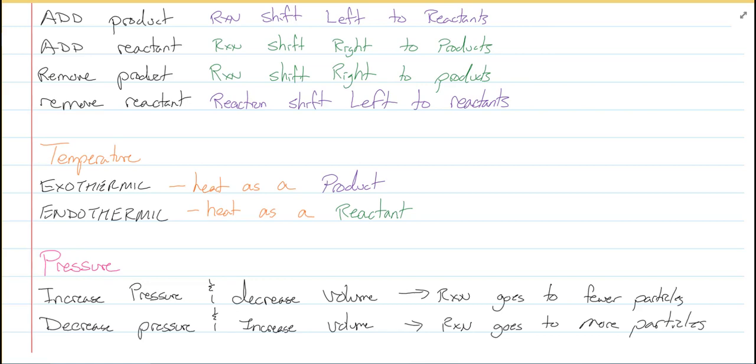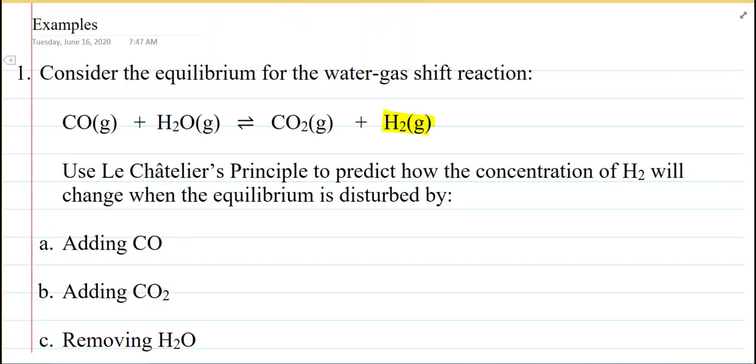So the first example is consider the equilibrium for the water gas shift reaction, carbon monoxide, water going to carbon dioxide and hydrogen gas. Use Le Chatelier's principle to predict how the concentration of H2, so we now know how this concentration of H2 up there will change when we disturb the system.